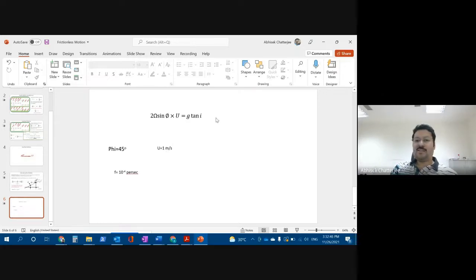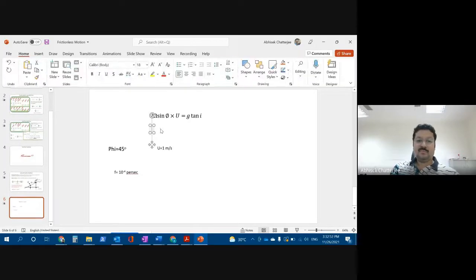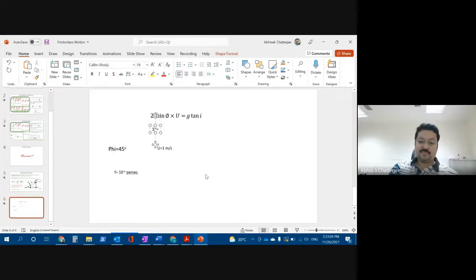So my left hand side is 1. Sorry, 10 to the power minus 4. This is my left hand side.